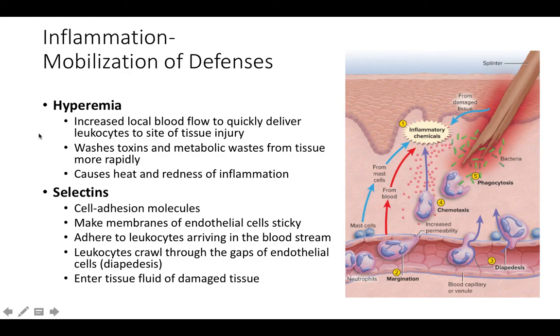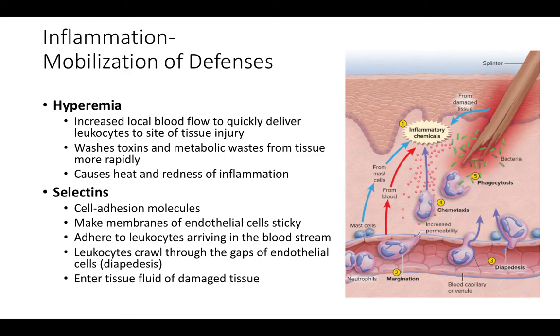And we do that through something called hyperemia, which is just increased local blood flow to the tissues where it's necessary in order to quickly deliver these white blood cells. And also, with this increased blood flow we're able to wash away any of the toxins or the metabolic wastes from these tissues more rapidly. Okay, so this increased blood flow is what gives us the heat and redness that we see with inflammation.